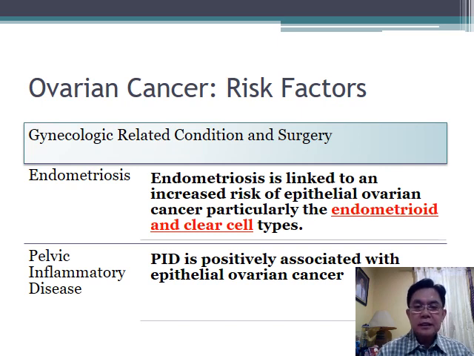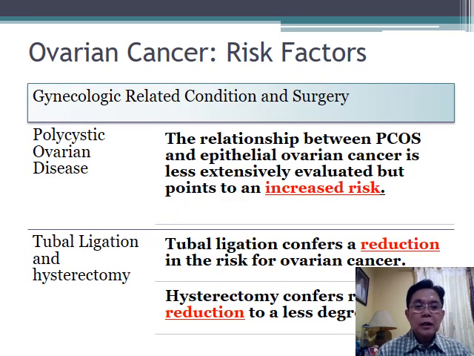Endometriosis is currently linked to an increased risk of epithelial ovarian cancer, particularly endometrioid and clear cell ovarian carcinomas. Pelvic inflammatory disease also has a positive association with epithelial ovarian cancer. Polycystic ovarian disease is less extensively evaluated but points to increased risk of developing ovarian cancer.